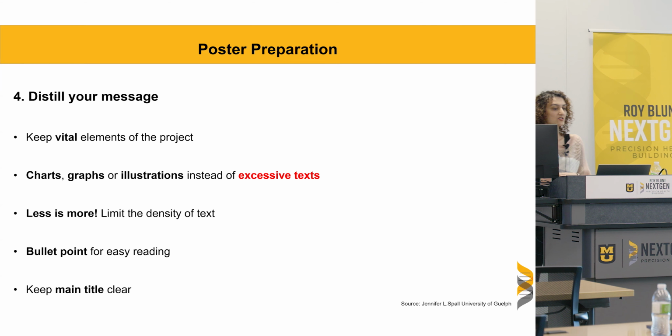The other step is just keeping the most important elements of the project. By getting rid of excessive text, you can use just charts, graphs, and illustrations. We always should remember that less is more, and bullet points can help us to keep everything more organized.